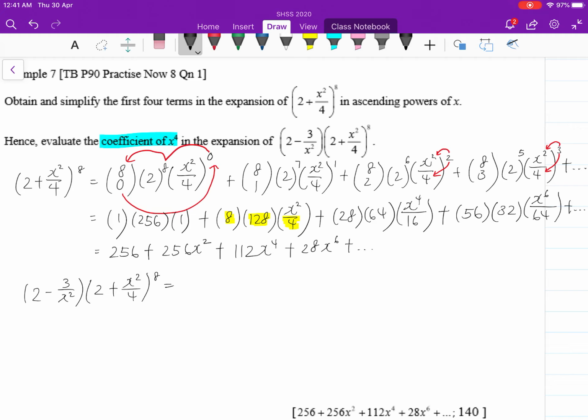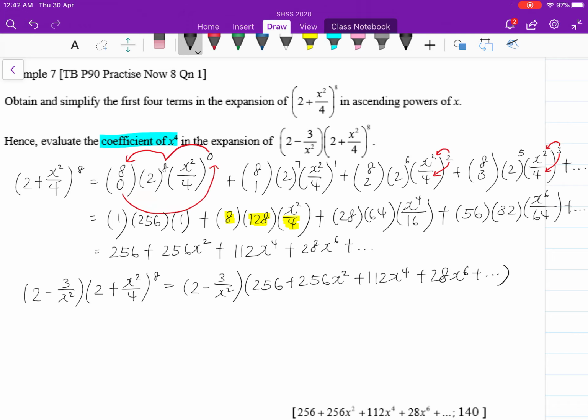Now, you have already expanded that to give you the first four terms, right? So, I'm just going to replace it: (2 - 3/x²) multiplied by (256 + 256x² + 112x⁴ + 28x⁶ + ...).